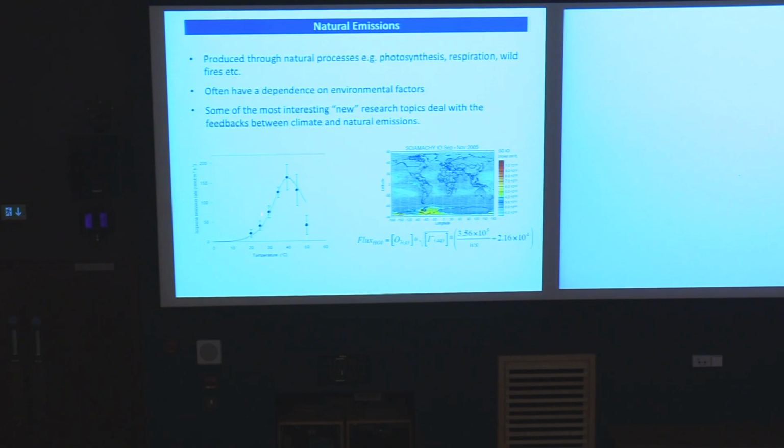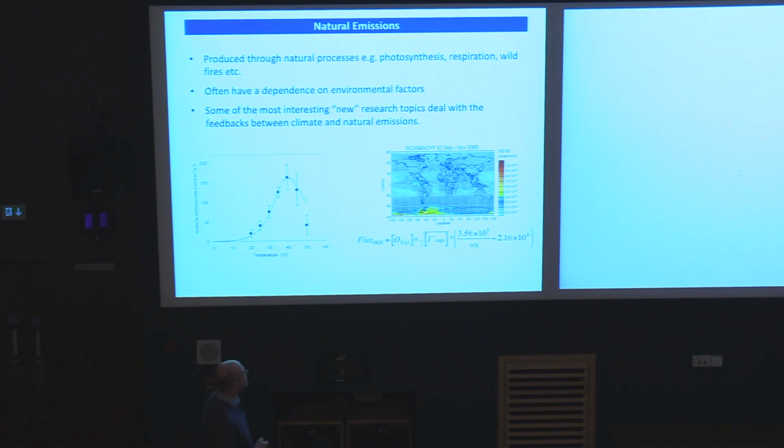Examples for this dependence are shown here in two slides. Here we have the temperature dependence of the isoprene emission rate. This is a reason why there is a diurnal variation in isoprene emissions, which you can impose and include in your model. Here is another example, a satellite observation of iodine oxide.